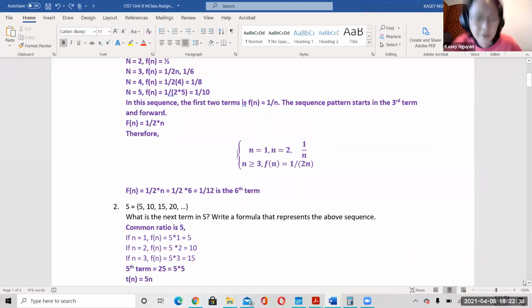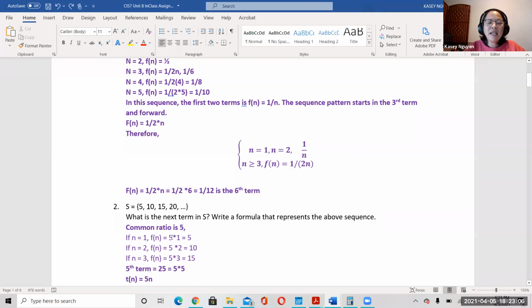So we know that it's a multiple of 5 by looking at the element values in this particular sequence. First we would start with, if n is equal to 1, we would take 5 times 1, so f of n is 5. If n is 2, f of n equals 5 times 2, which is 10. If n is 3, f of n is 5 times 3, which is 15.